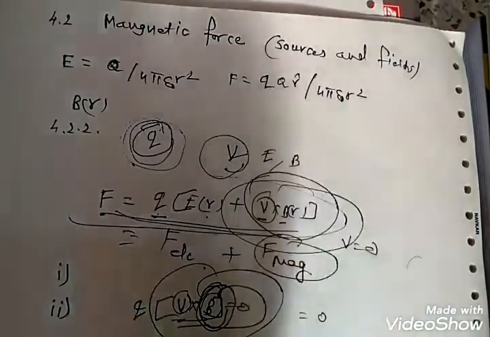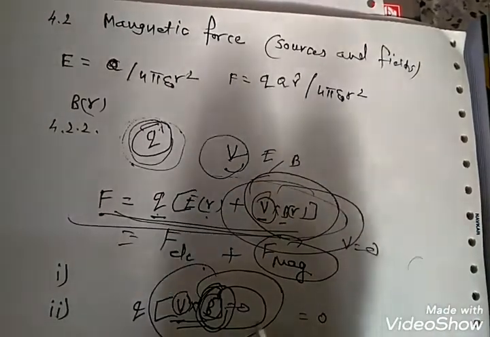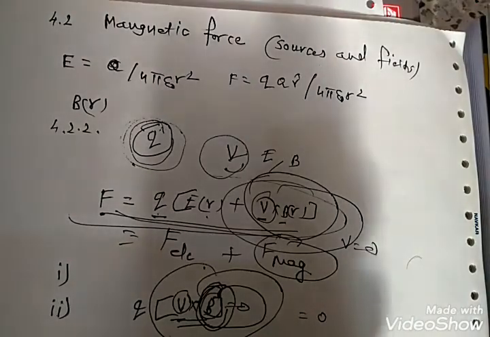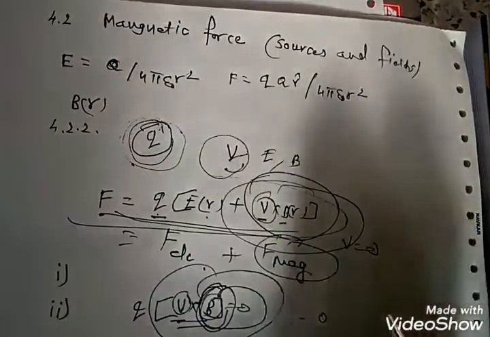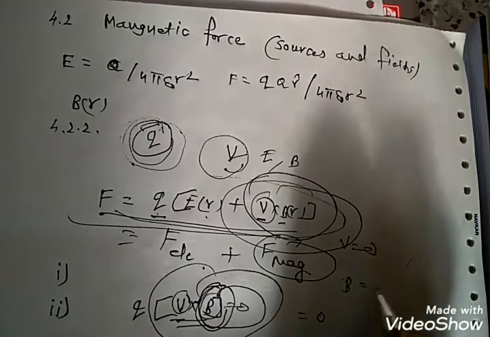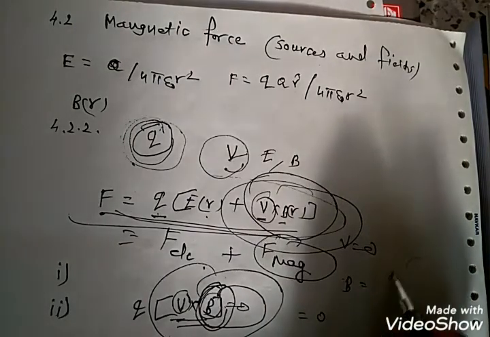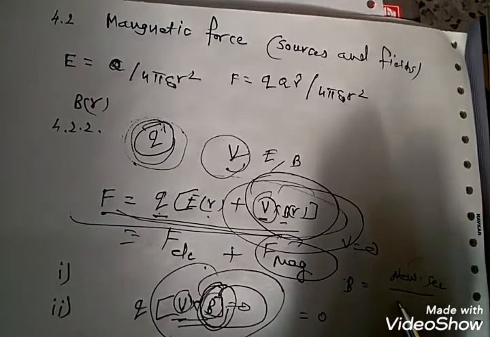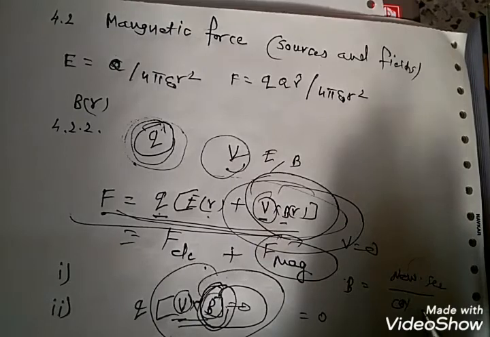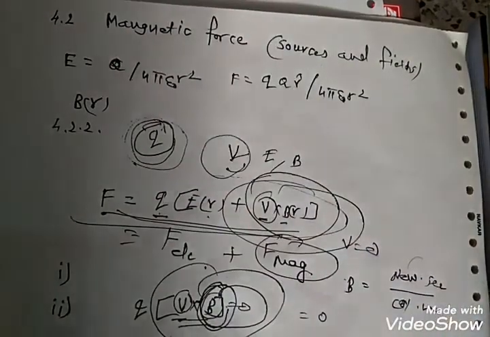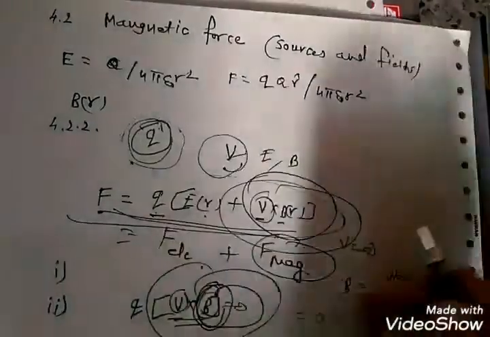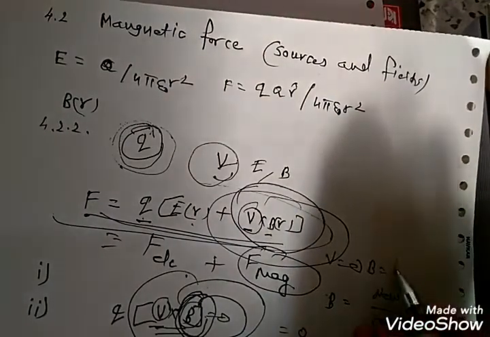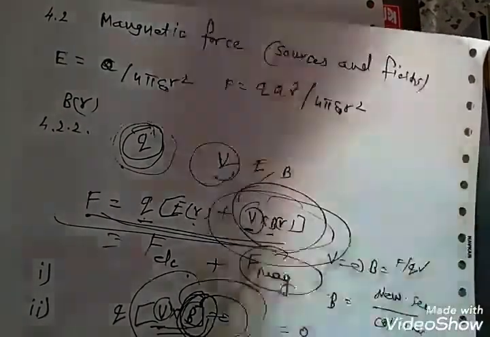One unit is Newton second per coulomb meter, because B is equal to F upon qv. The equation is B is equal to F upon qv.